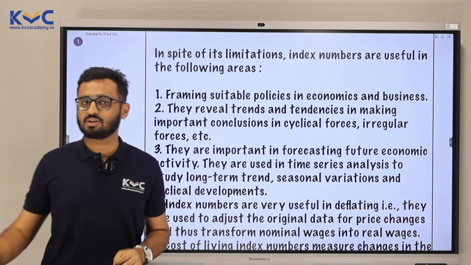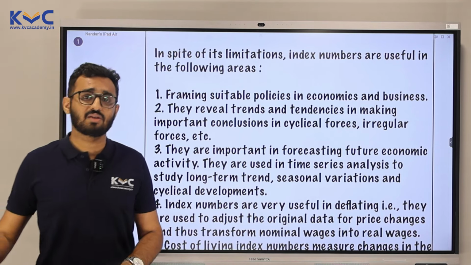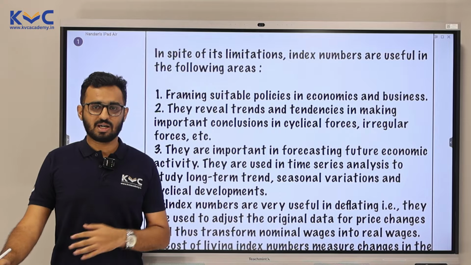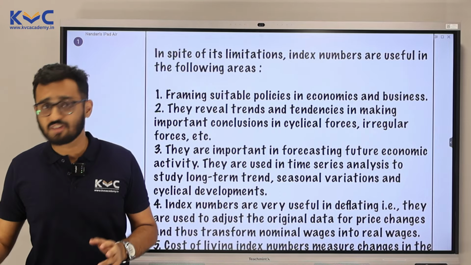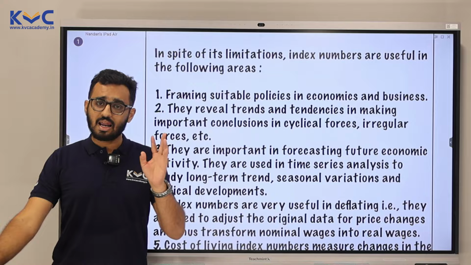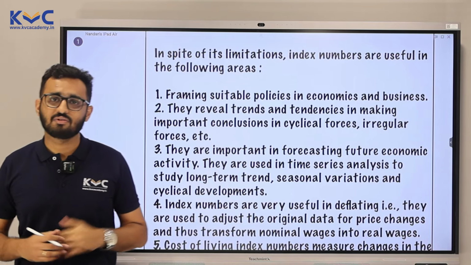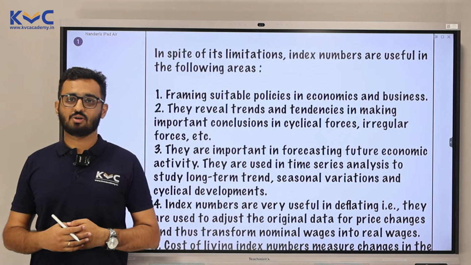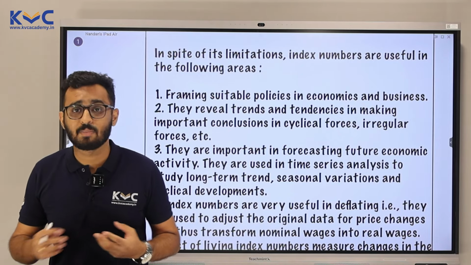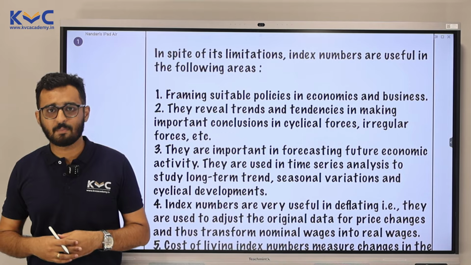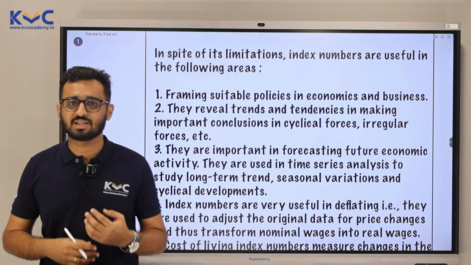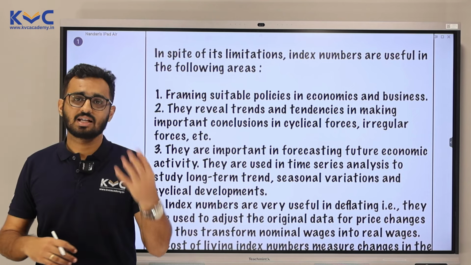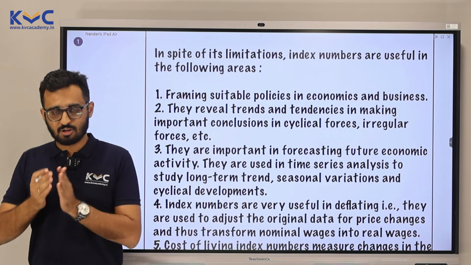See, in the beginning also I told you, index numbers is not something which is just a time pass chapter. Even though the calculations look pretty easy, the impact is very huge. Now, let's say the government, when they make policies, let's say about the rate of interest to be charged on loans, or they come up with the budget, the government every year comes up with the budget, right? So when they come up with the budget, they'll announce tax cuts or price cuts, or they'll say inflation is this much, so we need to do this.